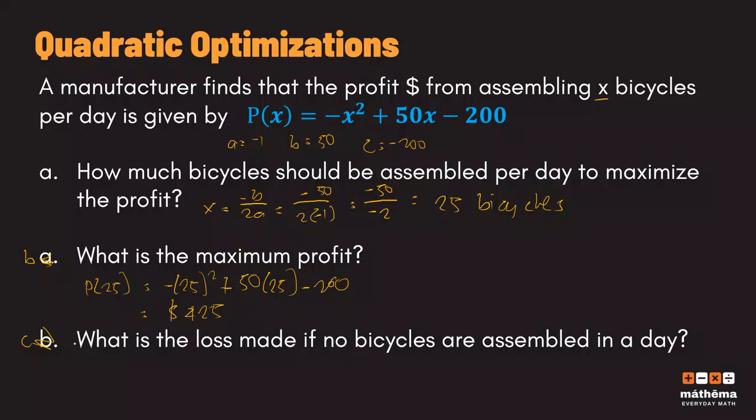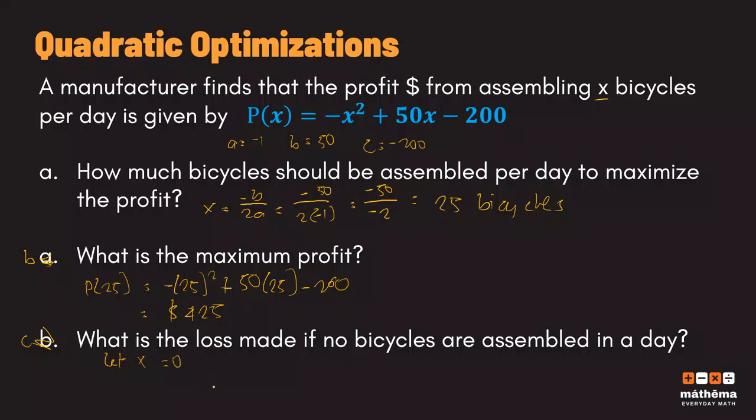Now, letter C. What is the loss made if no bicycles are assembled in a day? So we are being asked if the company fails to produce even a single bicycle within a day, how much money will they lose? So what we're going to do is simply let x = 0.